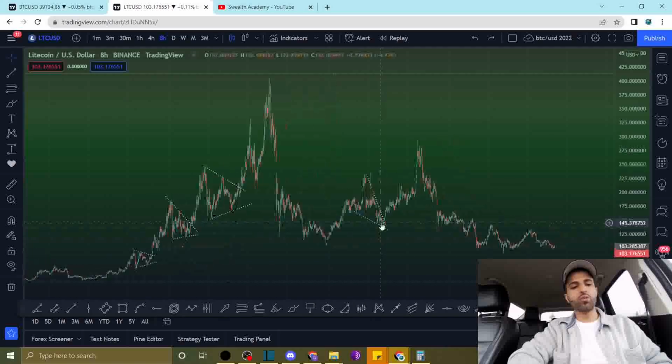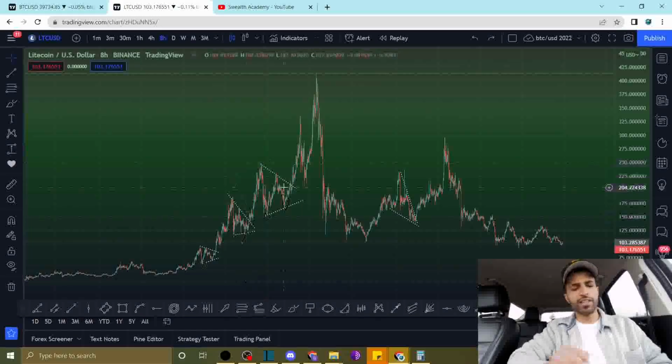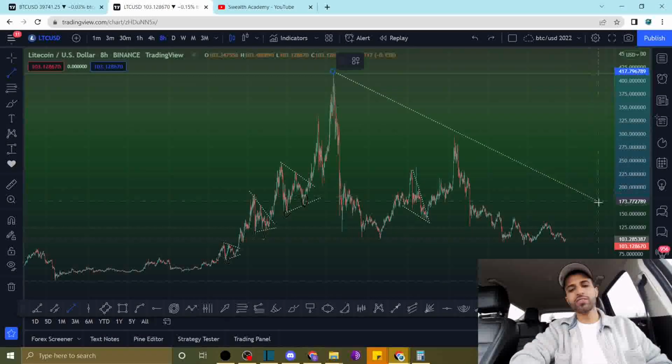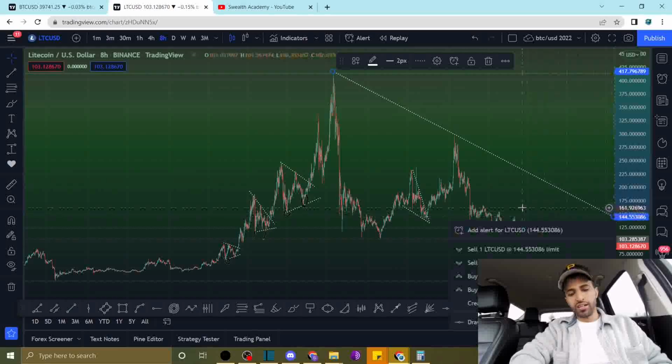So with that being said, why exactly am I drawing these triangle formations? Well, here's the thing, guys. This triangle formation is forming on a massive time frame.